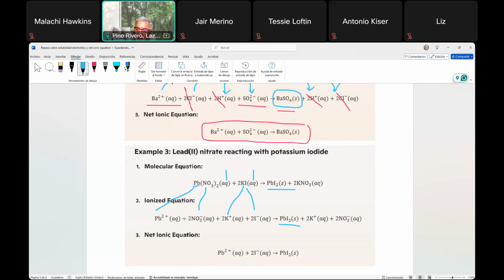Potassium nitrate is an aqueous solution, is soluble. Then I divide into ions. And then I go to cancel out the spectators. Lead is a spectator? No, because it's in the solid. Nitrate is a spectator? Yes, then I cancel nitrate with nitrate. Potassium is a spectator? Yes, because it's the same way in both sides. Iodide is a spectator? No, because it's in the solid. Then the net ionic equation is this one.